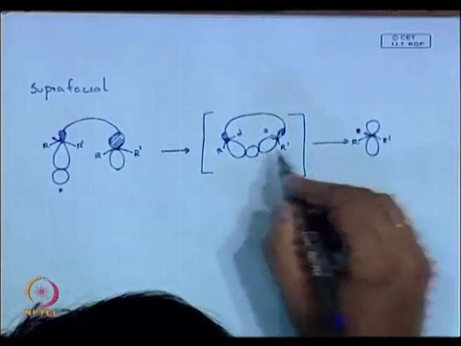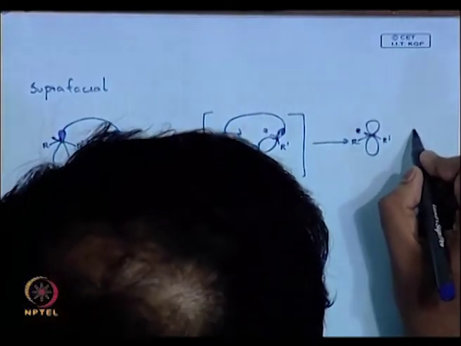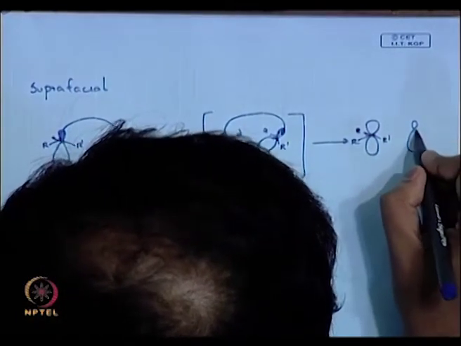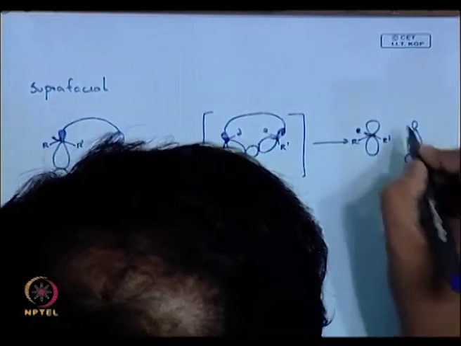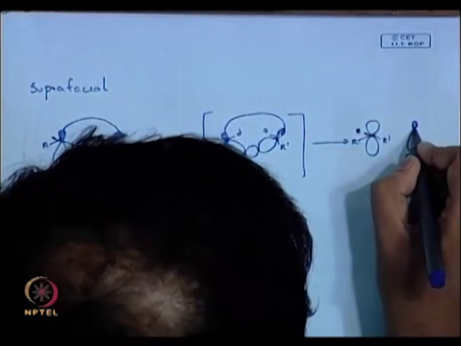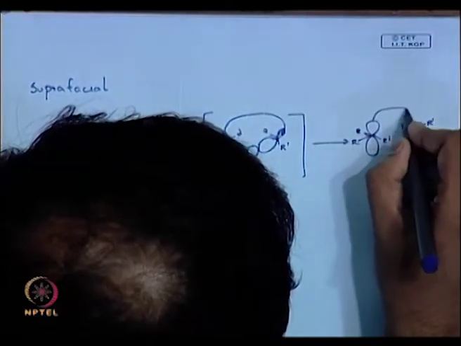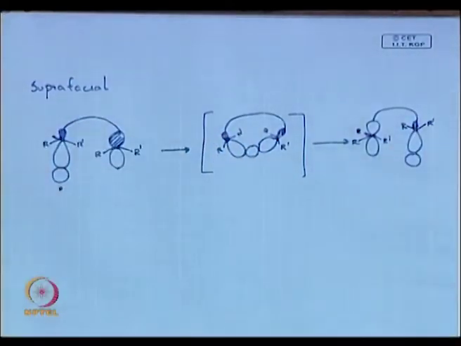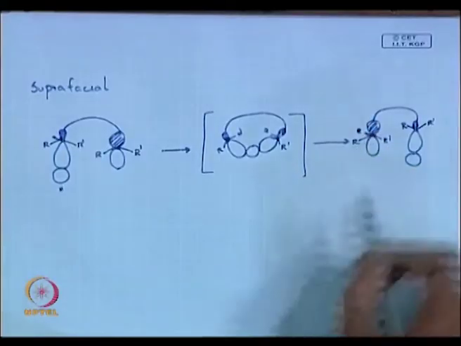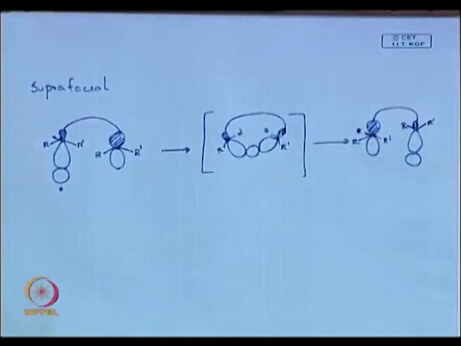Then you have this one which will be having small, right. So, suprafacially looks to be easy to draw back. Just concentrate on that R and R prime also, okay. That also tells like what phase it goes on.